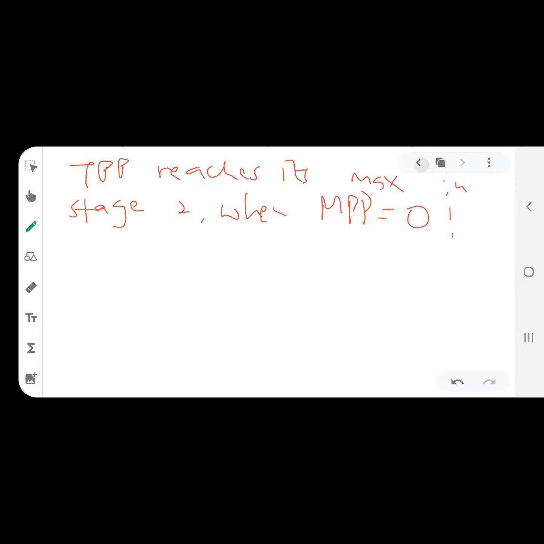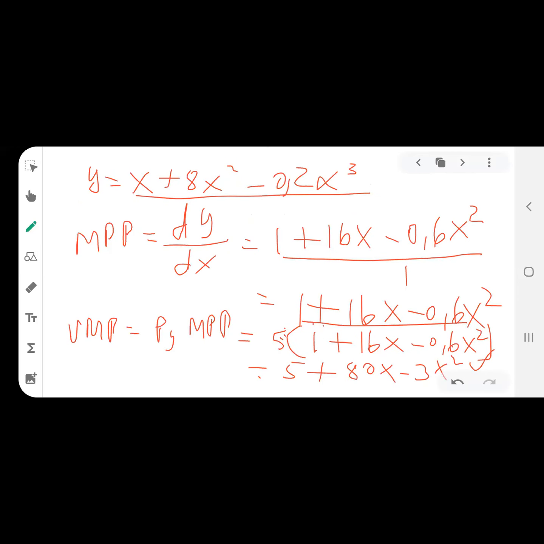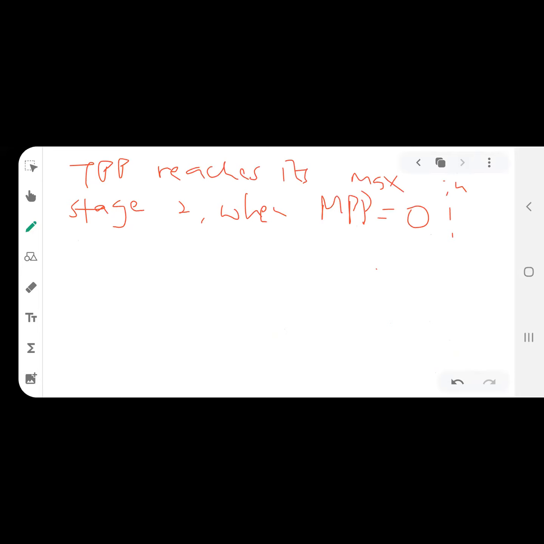Then you check your MPP, you equate it to 0. Your MPP is 1 plus 16x minus 0.6x squared, and you equate it to 0.